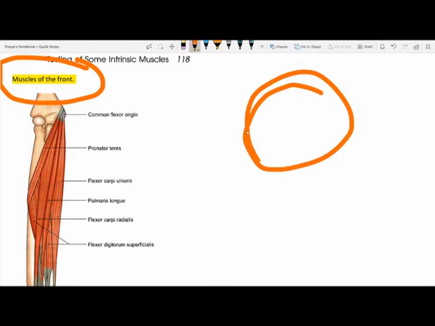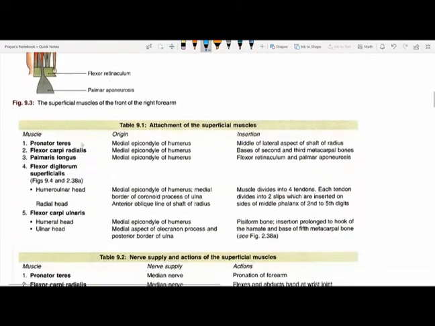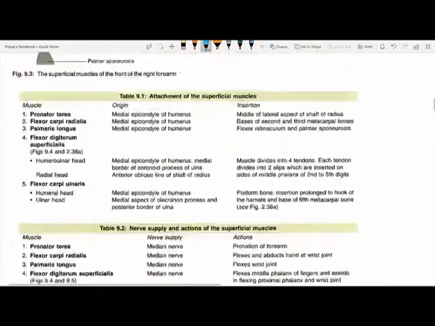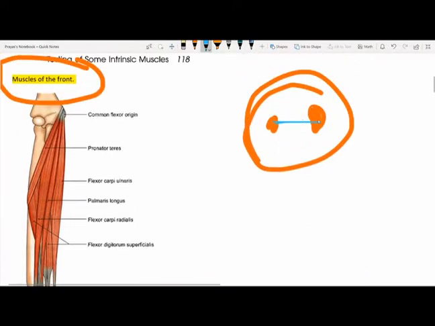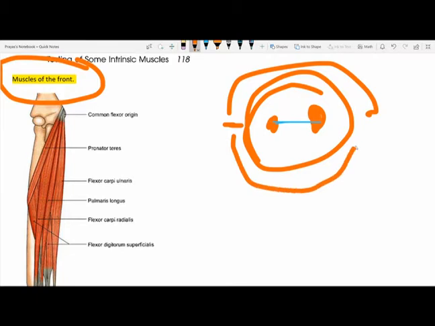This is your radius, this is your ulna, and there is something called the interosseous membrane, a transverse membrane that divides the forearm into the front or anterior part, and the back or posterior part.